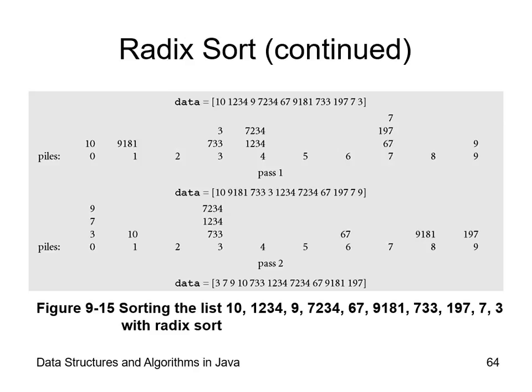Okay, and then after that, we're going to have 10 queues to store values. You're going to have Q0, Q1, Q2, Q3, Q4, Q5, Q6, Q7, Q8, Q9.